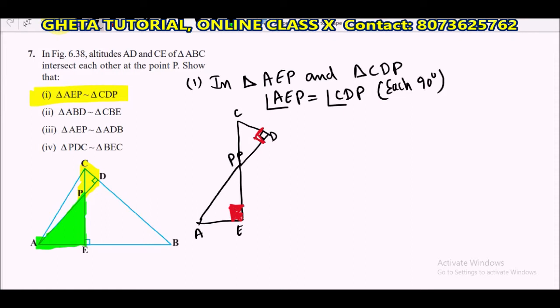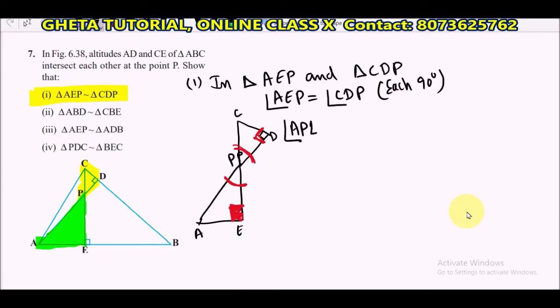Next, tell me, what is the next angle you can write? Another angle that is equal in these two triangles. I can say this angle APE, and this angle CPD. Angle P is vertically opposite angle.